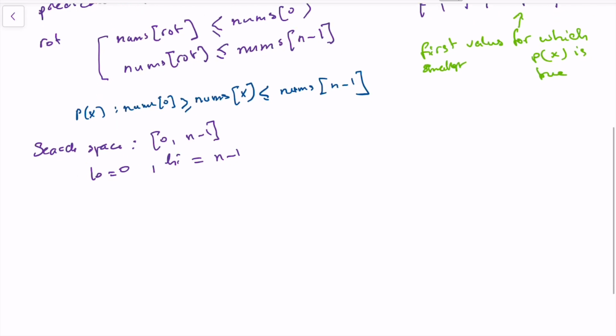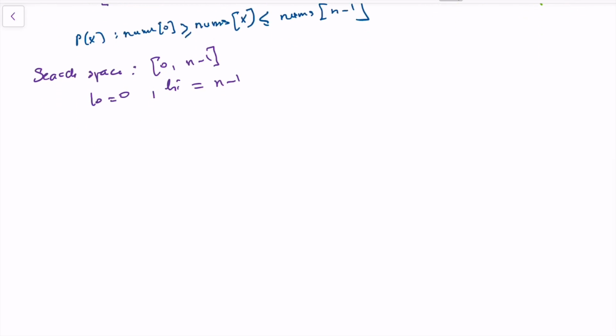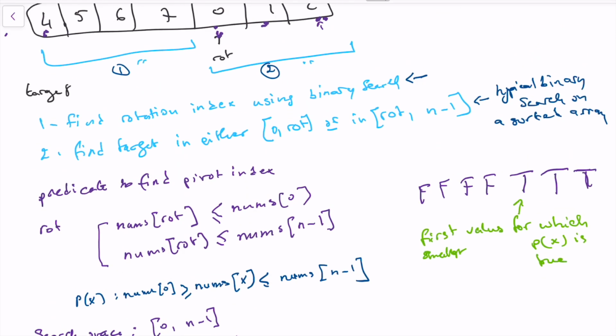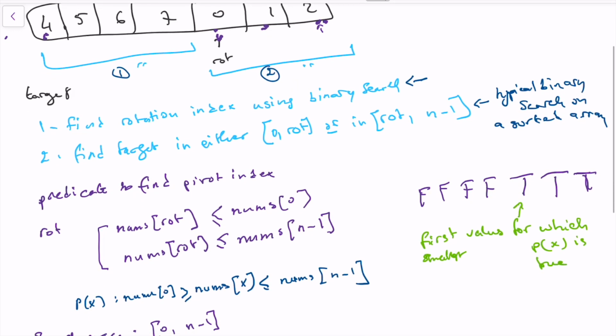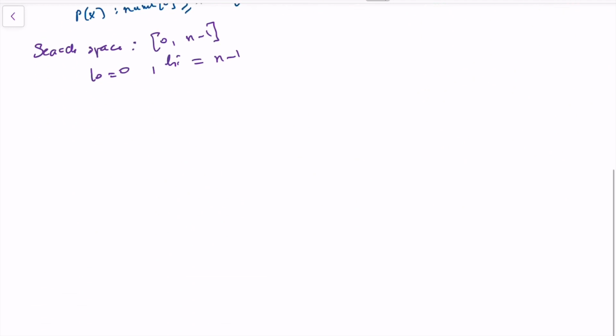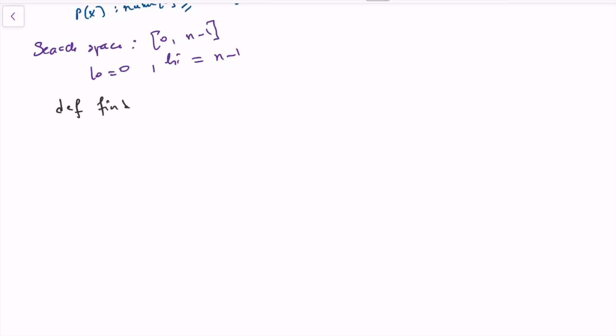And so now let's just write the function, right? The first function that we need to write is finding the rotation index, and then it's easy to write the second function to look for the target either on the left portion or on the right portion. So first let's write this function called find rotation index.